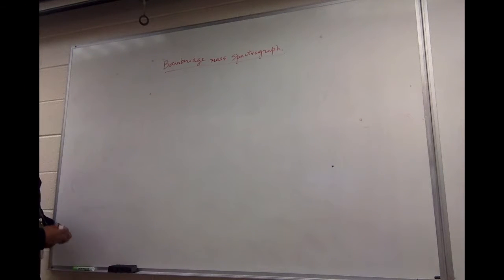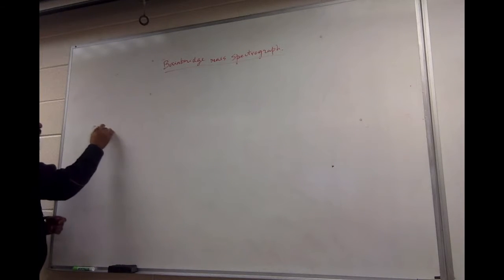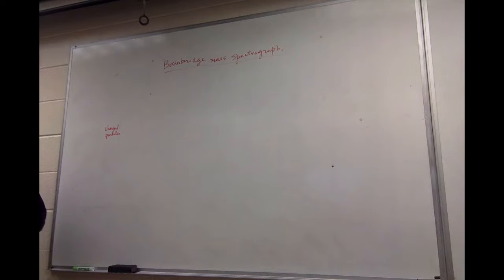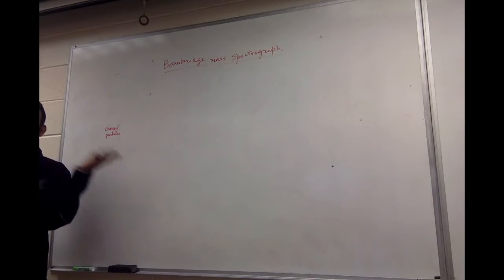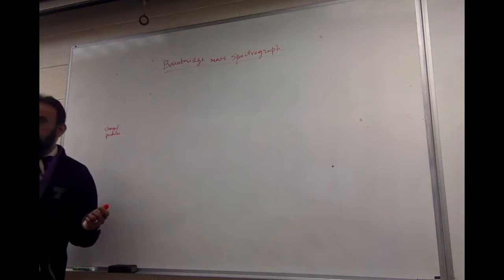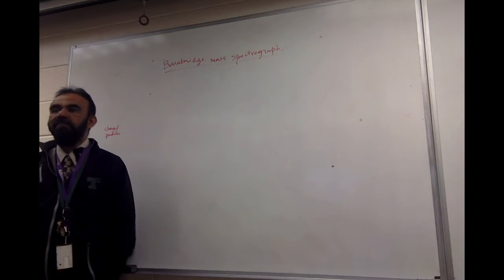All right, the first part of the mass spectrograph is the charged particles. Charged particles are either produced elsewhere and brought in, or suppose you want to investigate the ions of chlorine, right?